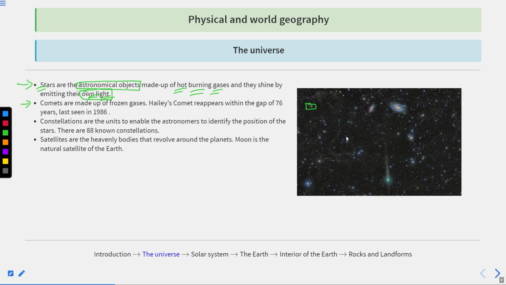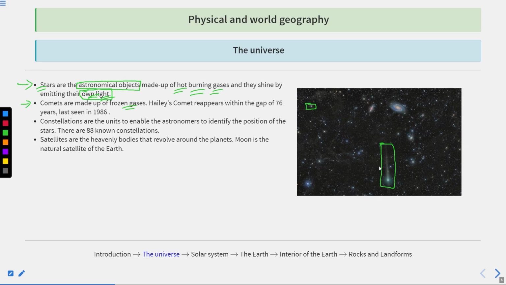Thereafter, the comets. Here you can see. The comets are often made up of frozen gases. Many times you have seen this type of object visible in the sky, traveling in a direction like this. So these are the comets.